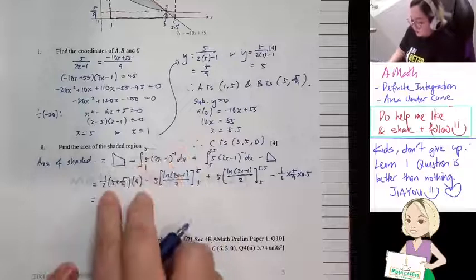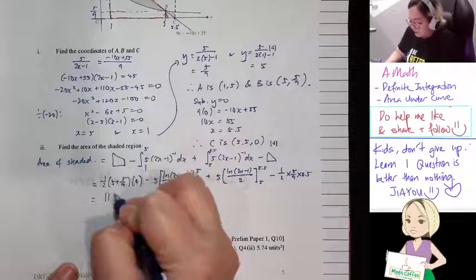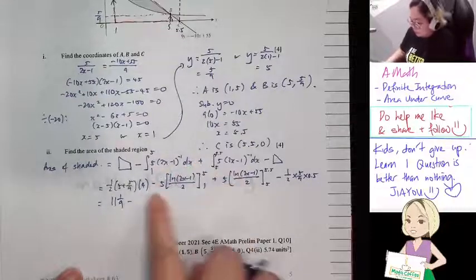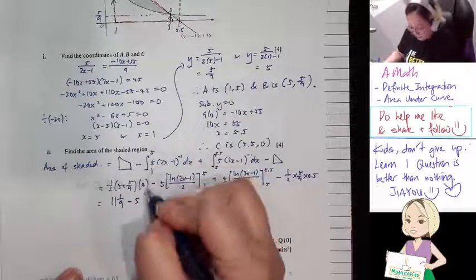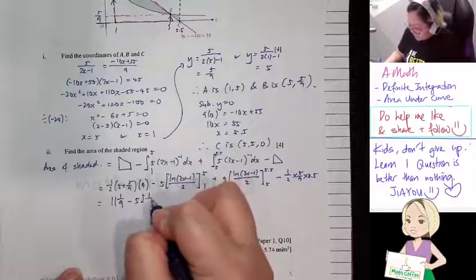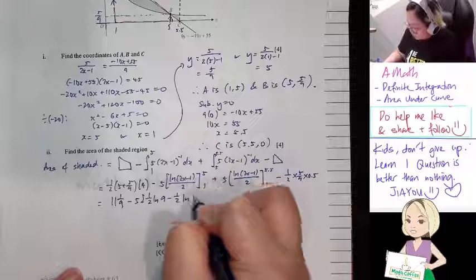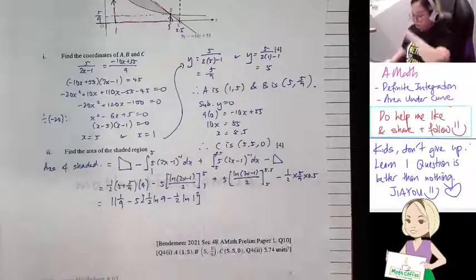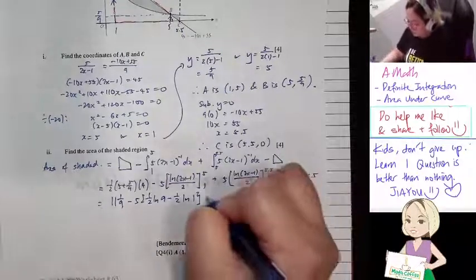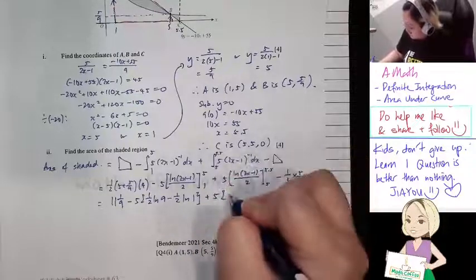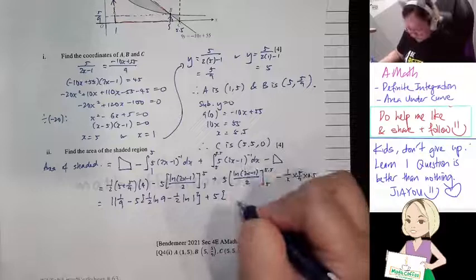So the area of the trapezium is actually 11 1/9. This one will be 5 half ln 9 minus half ln 1, plus 5 half ln 10 minus 5 half ln 9.